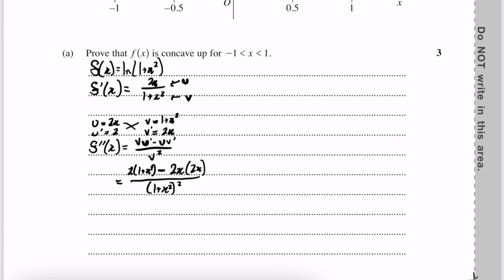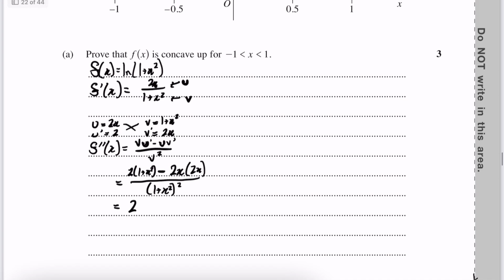Okay, so if we were to simplify this, I'm going to spare the calculations. We get 2 minus 2x squared over 1 plus x squared, all squared.